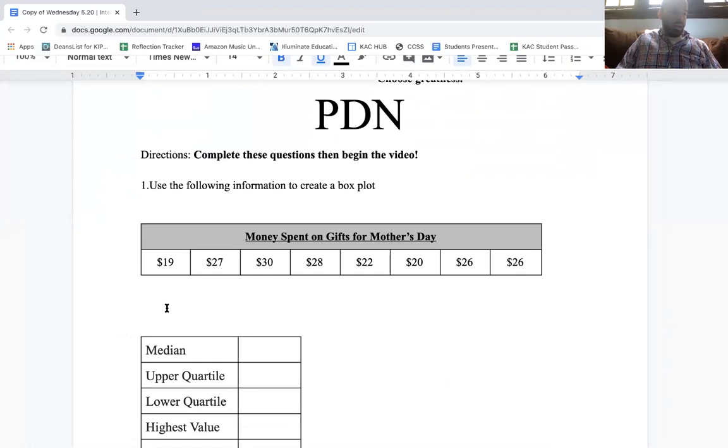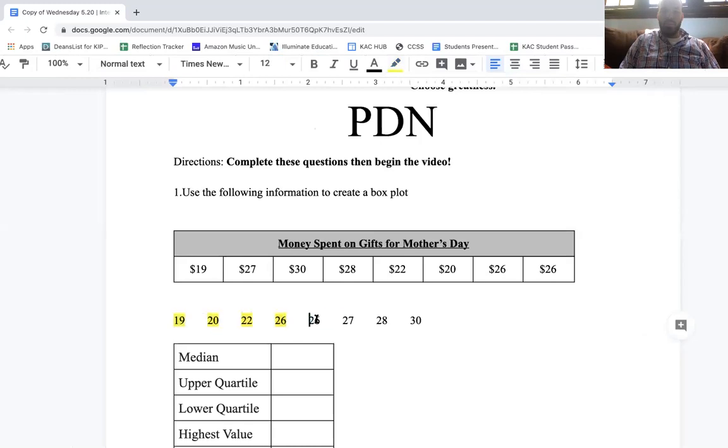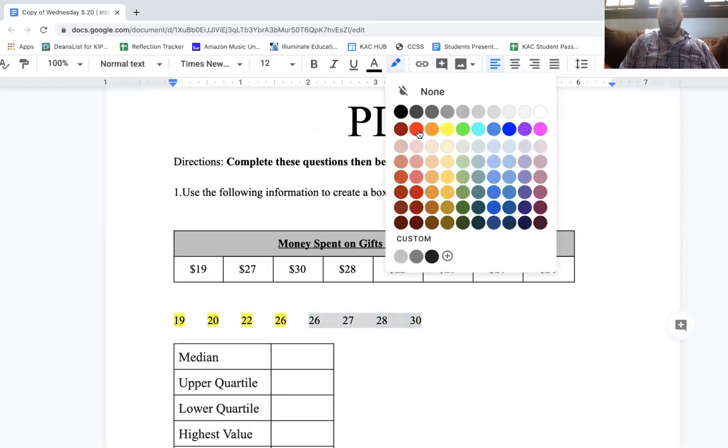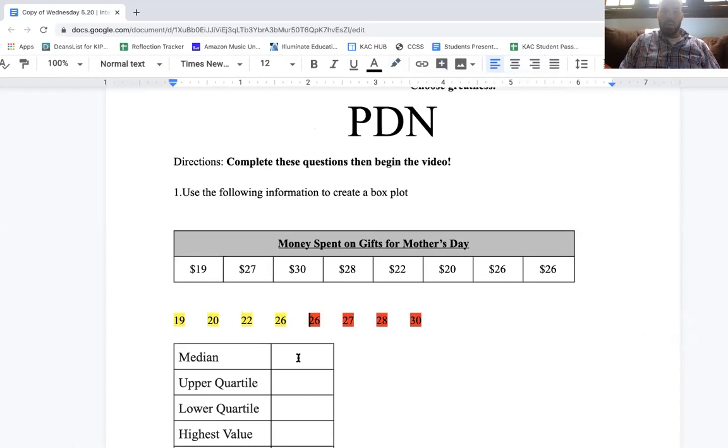Okay, first step, as always, put them in order from least to greatest: 19, 20, 22, 24, 26, another 26, 27, 28, 30. There's 1, 2, 3, 4, 5, 6, 7, 8, which means the middle is right here, in between the 26 and 26.